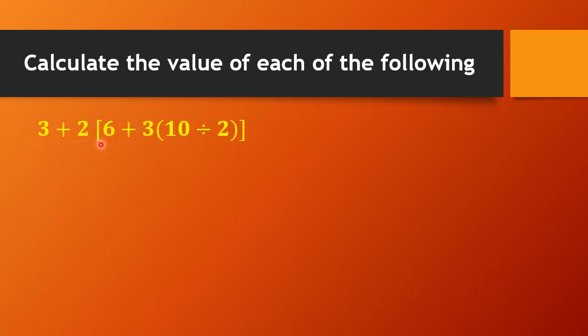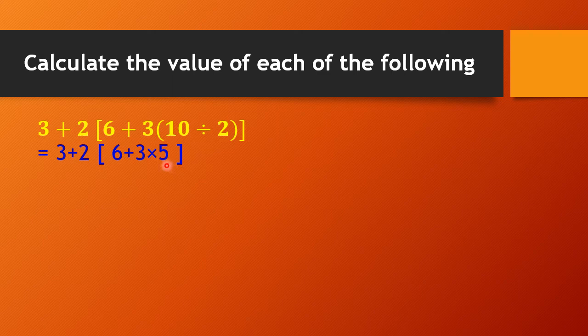3 plus 2 times the bracket of 6 plus 3 times the bracket of 10 divided by 2. We will start with brackets. We will solve the brackets. 10 divided by 2 equals 5. I will write the same operations with the same numbers and write 10 divided by 2 equals 5.